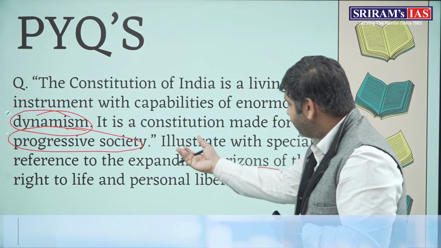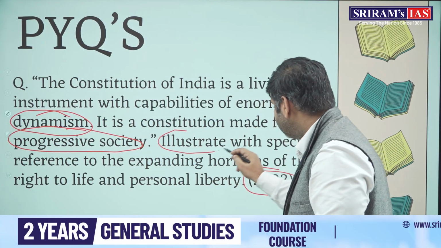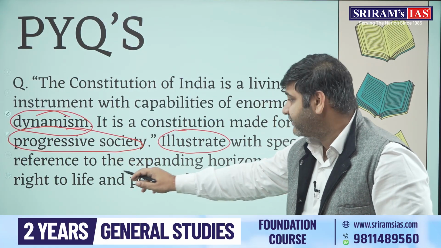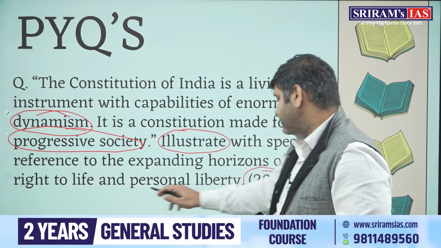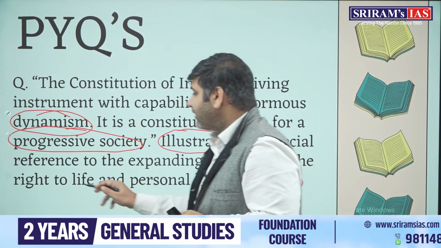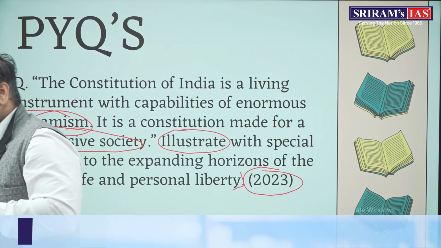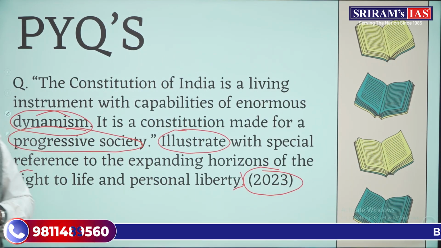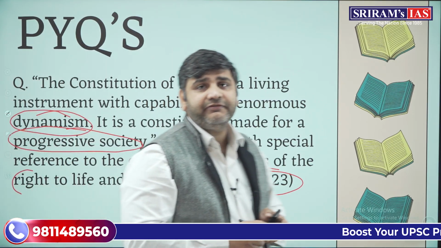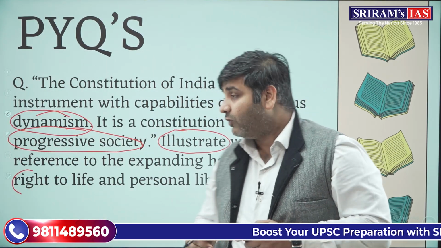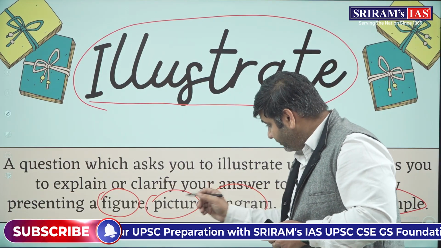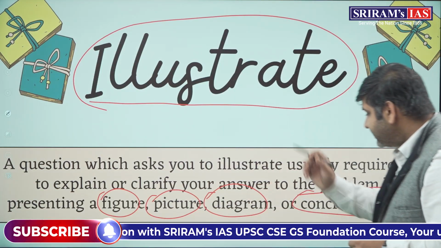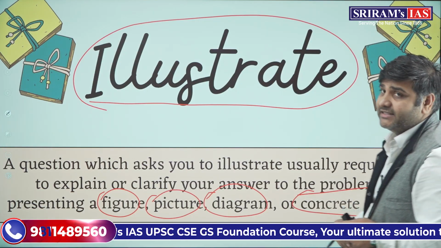Now, there is the word illustrate, with special reference to the expanding horizons of right to life and personal liberty. If you have to write about the increasing horizon of right to life and personal liberty, what you must do is make a figure, a picture, a diagram or give a concrete example.